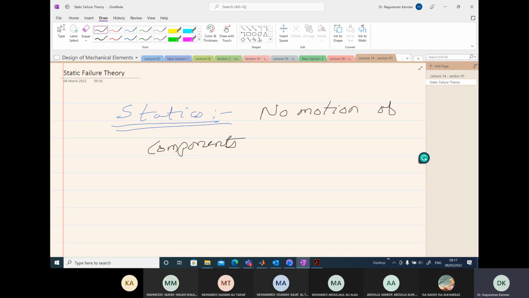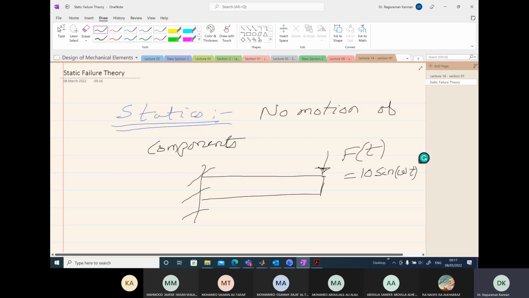But let us think of a problem where you have no motion of the beam. Let us say a simple problem, but the force F is a function of time, something like, let's say, 10 sine omega t. Is this a static problem?